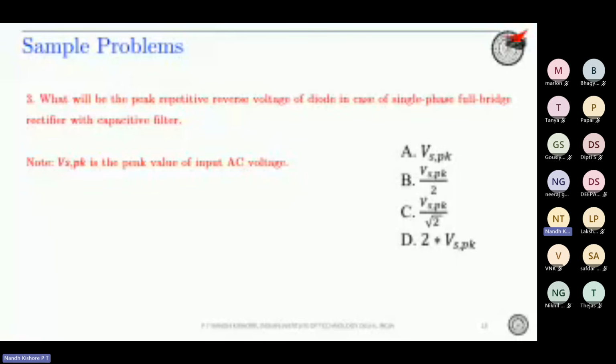What is the voltage that the diode has to block basically? Will it be the peak voltage, peak voltage by 2, peak voltage by root 2, or twice the peak voltage? What is the answer?